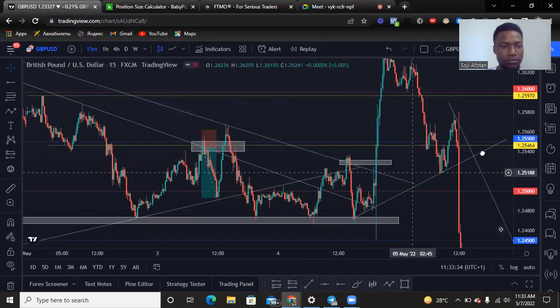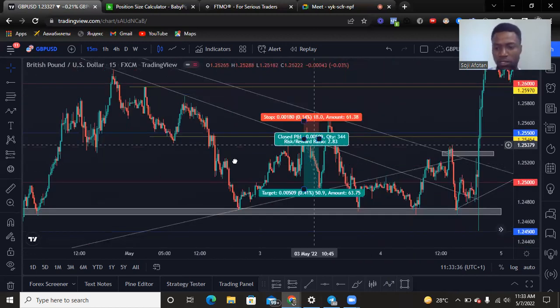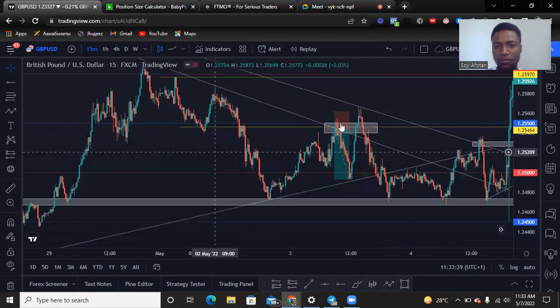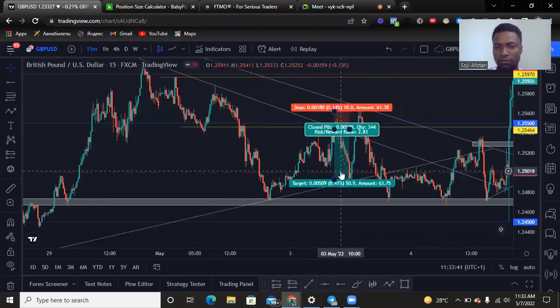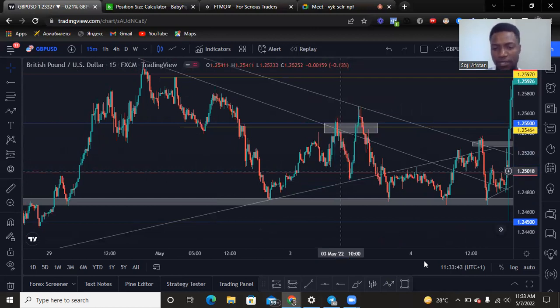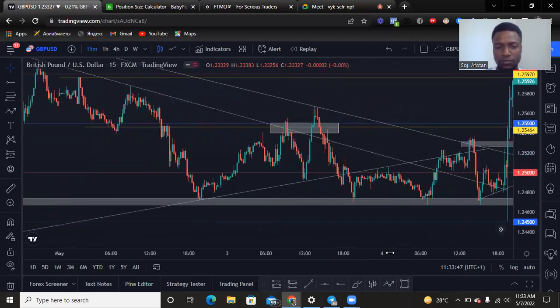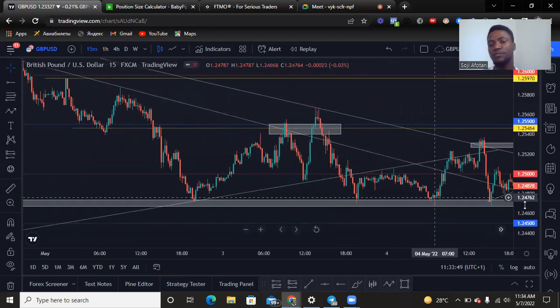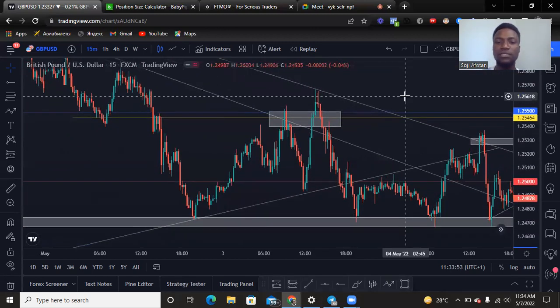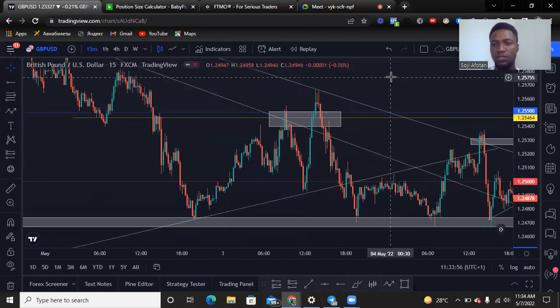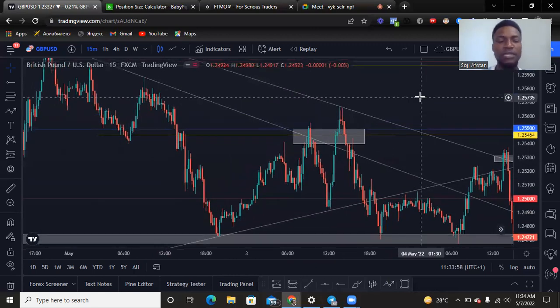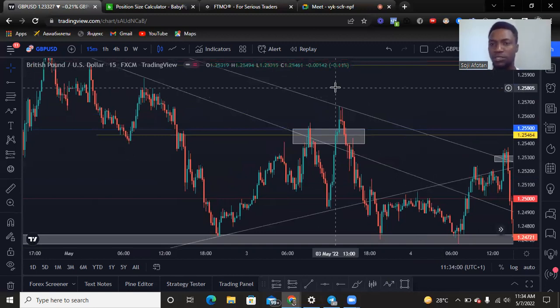So the first trade we took this week, where is it? I think it was this one. I'm not sure if this one has an M pattern. Now let's look at this particular trade. We're looking at these two. You will notice GBP/USD has been on a bearish trend for a long while, more than a month or 2 months, a swing bearish trend.